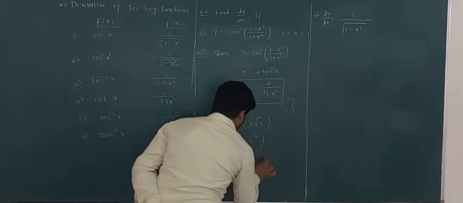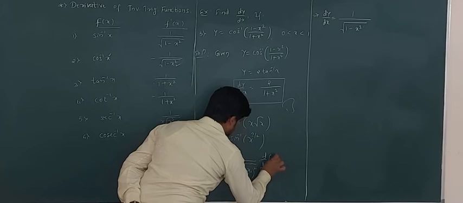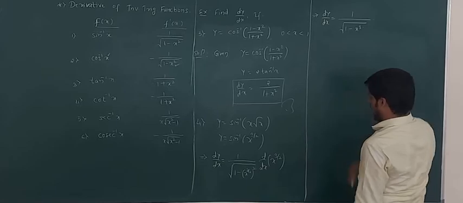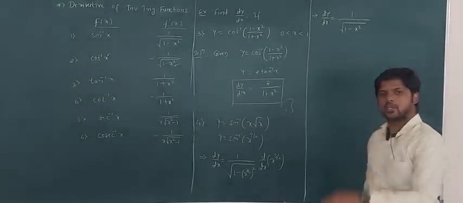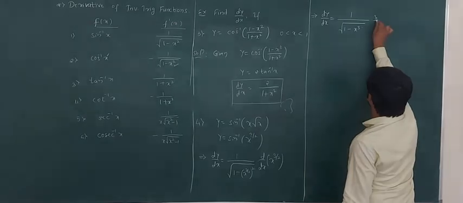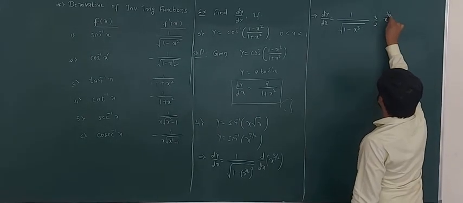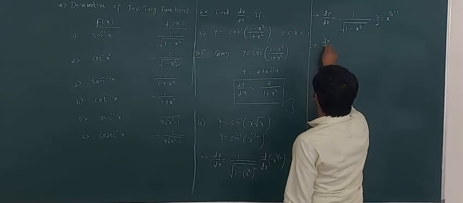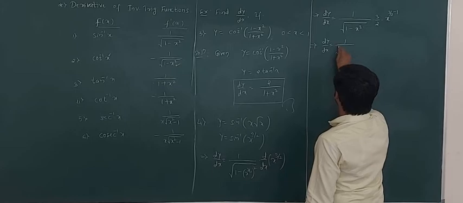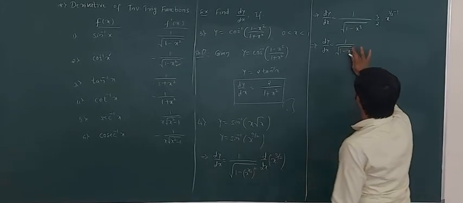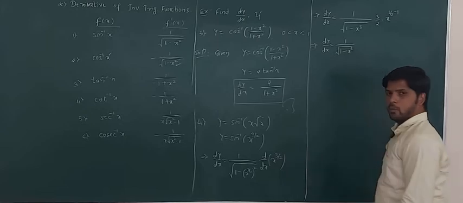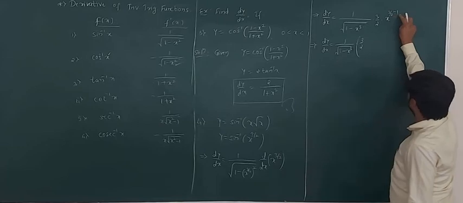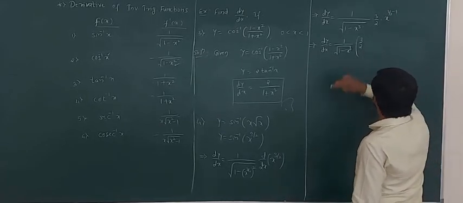Here again one more function is there. So d by dx of x to the power 3 by 2. Again by using the x to the power n formula, n into x to the power n minus 1, that is 3 by 2 into x to the power 3 by 2 minus 1. So now simplify this one, we get dy by dx is equal to 1 upon square root of 1 minus x cube into 3 by 2. 3 by 2 minus 1 is 1 by 2.